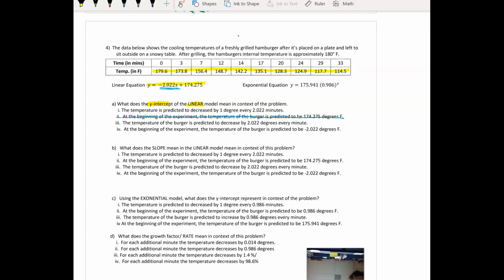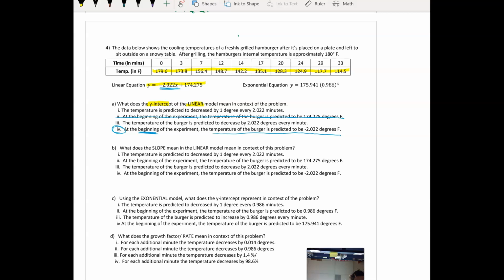But it's the y-intercept. So remember, y-intercept is the beginning. So 1 is the temperature is predicted to decrease. Nope. 3, the temperature of the burger is predicted to decrease. And 4, at the beginning, oh, there's that beginning word, the temperature of the burger is predicted to be this. So it's going to be 4.